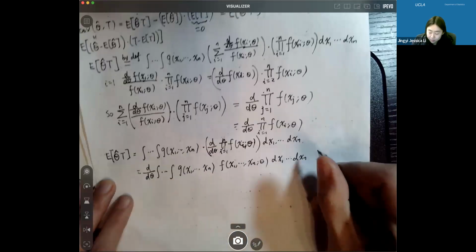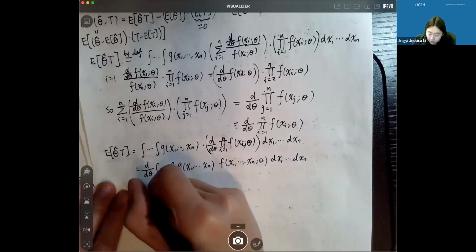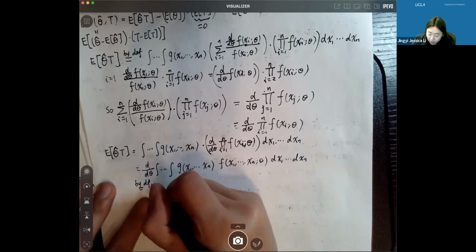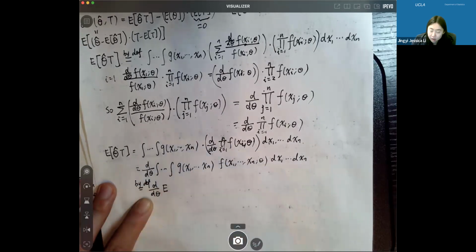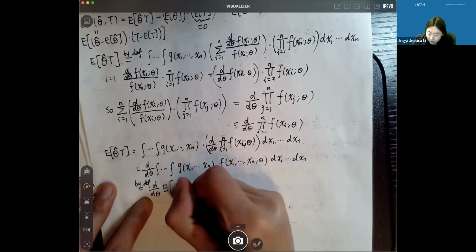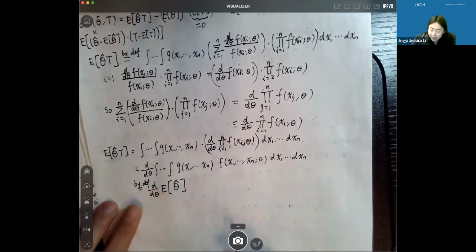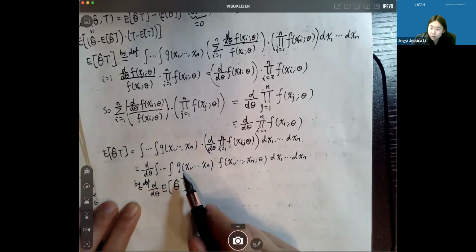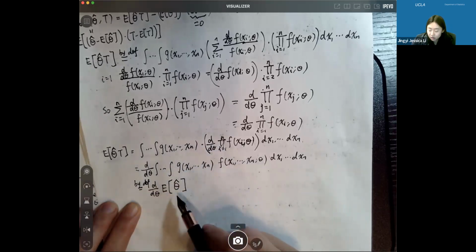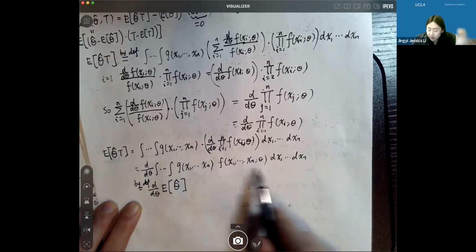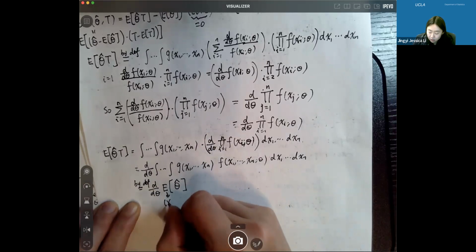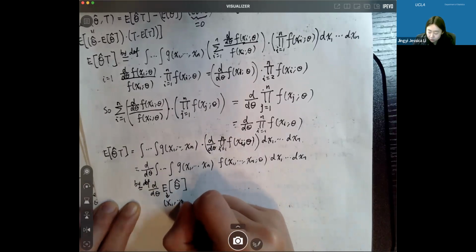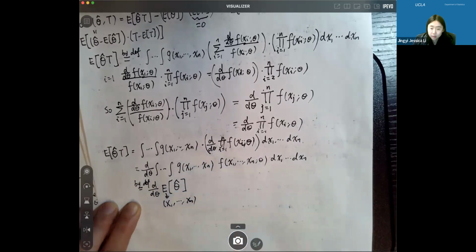And finally, by definition, this is the expectation. The integration is just the expectation of theta hat, because theta hat is defined as g of x1 to xn. I'm using the definition of expectation, and the expectation is for the joint distribution of x1 to xn.